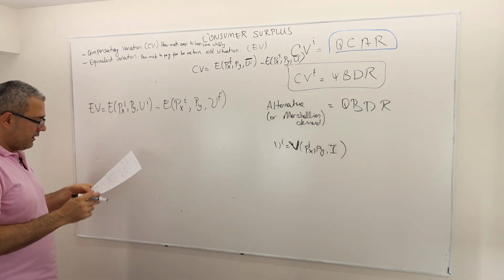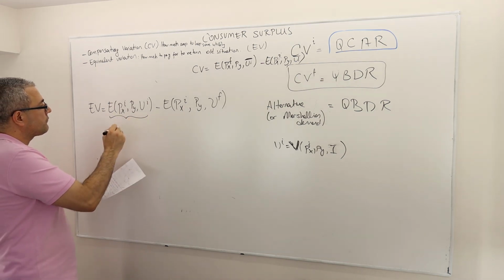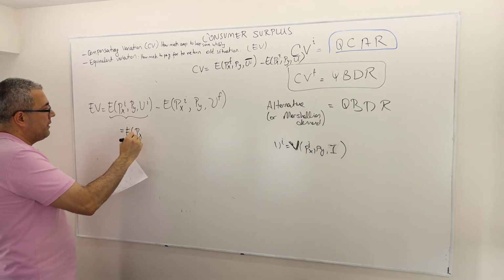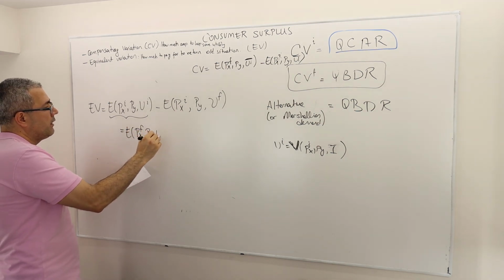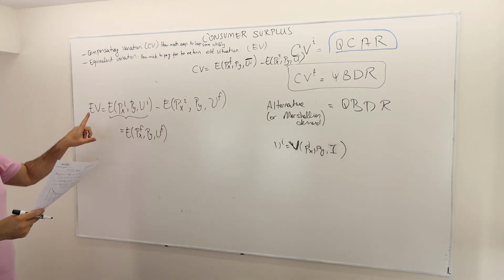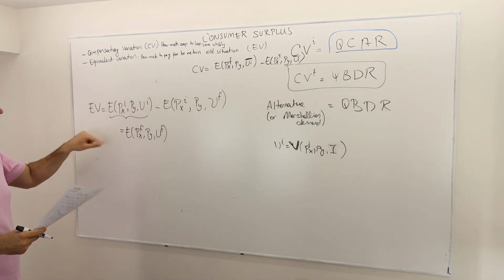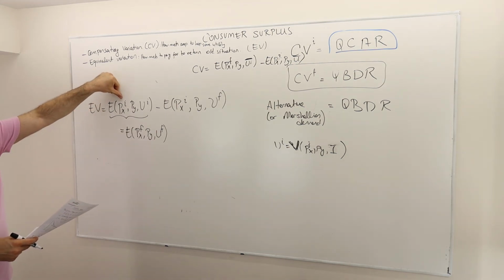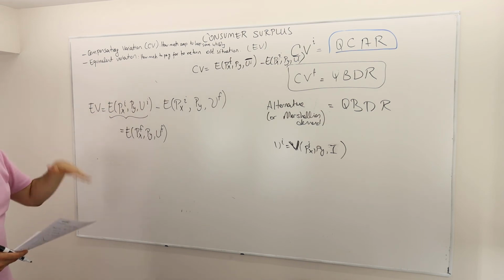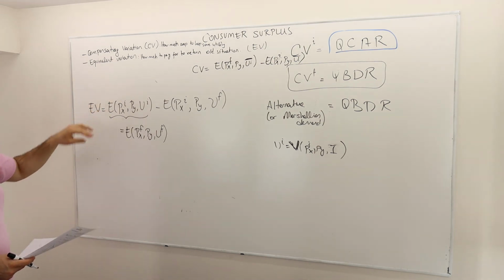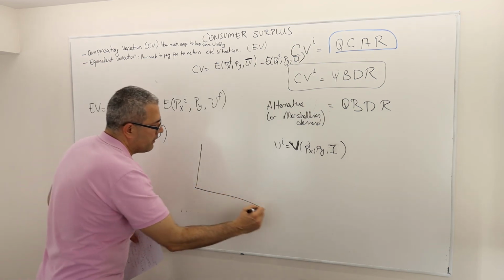Well, the thing is, this is equal to the expenditure of PX final, PY, U final. Why is that? Because, I'm sorry, I cleared the graph, but let me very quickly draw it again.